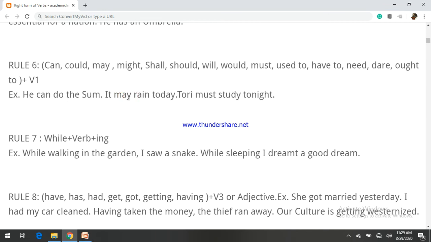After the word may here is green, main verb. After must, a modal verb, here is study, main verb. You cannot write did or done, you cannot write rained, you cannot write studied after must or may or can. That means these are modal verbs. After these modal verbs you have to use verb 1.